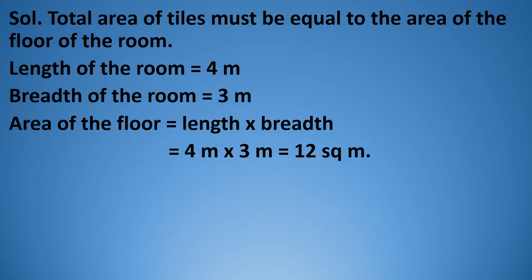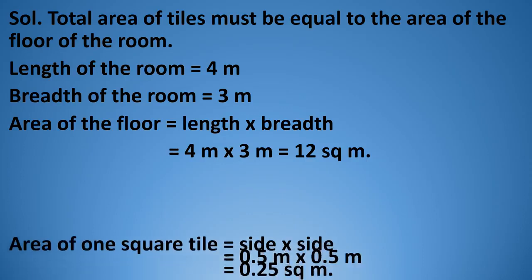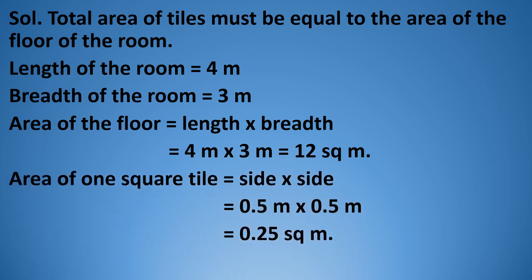Now, the side of one square tile is given to us. So, we will find out the area of one square tile. It is side multiplied by side. 0.5 meter multiplied by 0.5 meter, which is equal to 0.25 square meter.